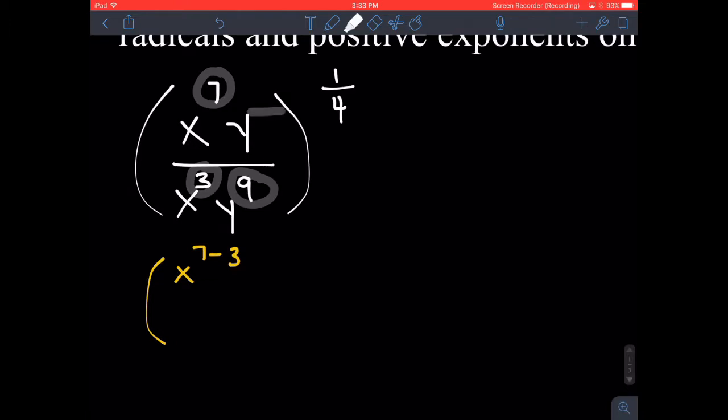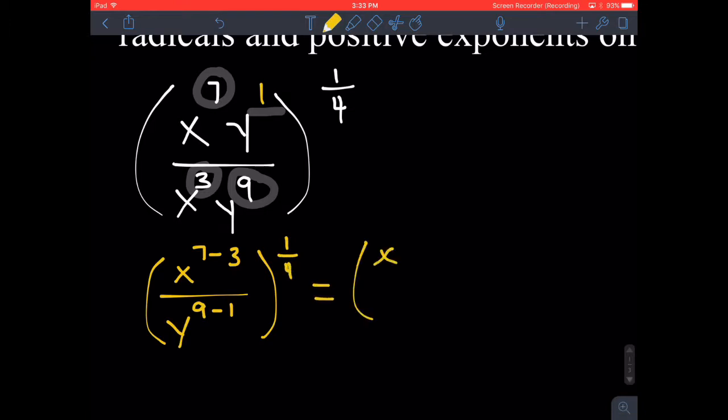The solution to this is simple. If there's no exponent, it's just assumed to be 1. So our new denominator is going to be y to the 9 minus 1, and then we have to remember to raise the whole thing to the 1/4. This will leave us with x to the 4th over y to the 8th, all raised to the 1/4.